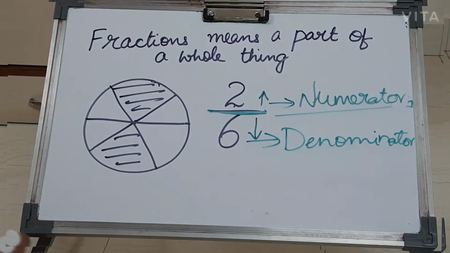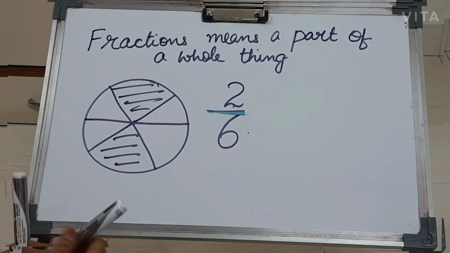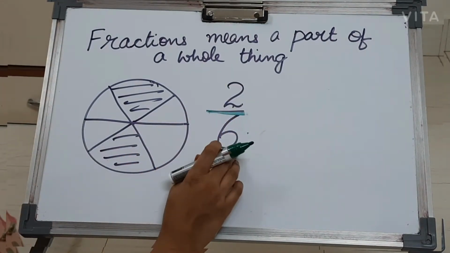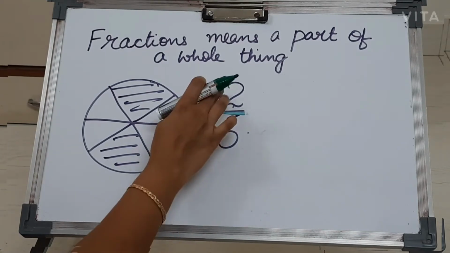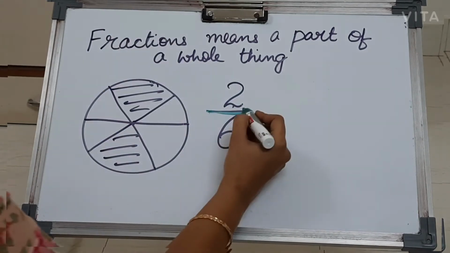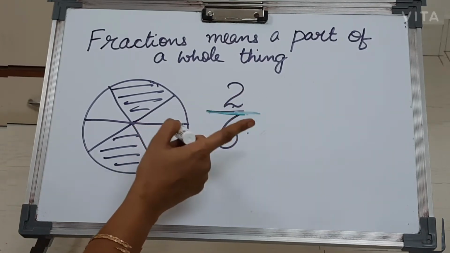Now if we want to simplify it, suppose 2 by 6 is there, that means we take the common factor which is divisible into both numbers, both numerator and denominator. Suppose 2 by 6, here you can see it is divisible by the number 2.